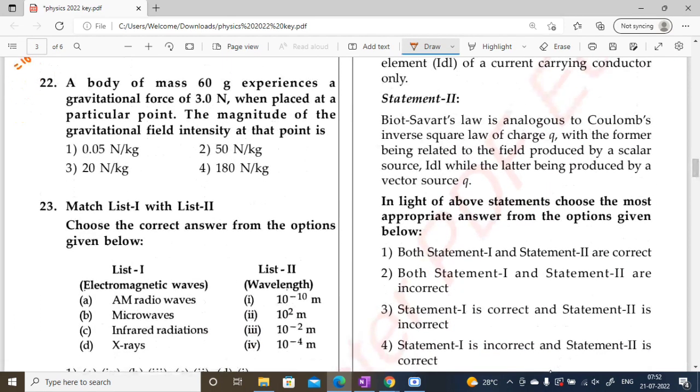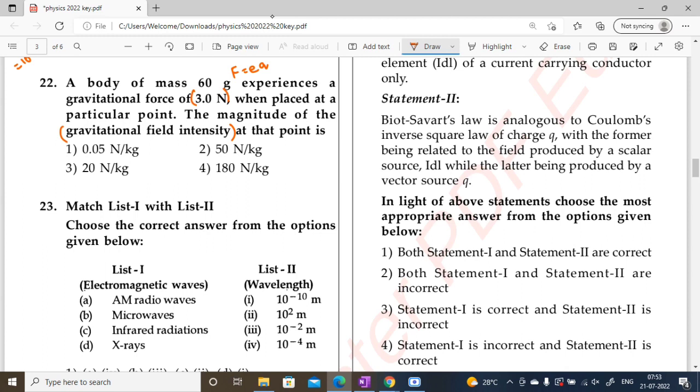A body of mass 60 grams experiences a gravitational force of 3 Newton when placed at a particular point. The magnitude of the gravitational field intensity at the point. See, with this sort of question, suppose you don't have a clear picture of what the gravitational field intensity is, try to understand. We have a relation between force and electric field intensity, which is given by E into Q. In our first chapter, electric fields and charges, we have this relation.